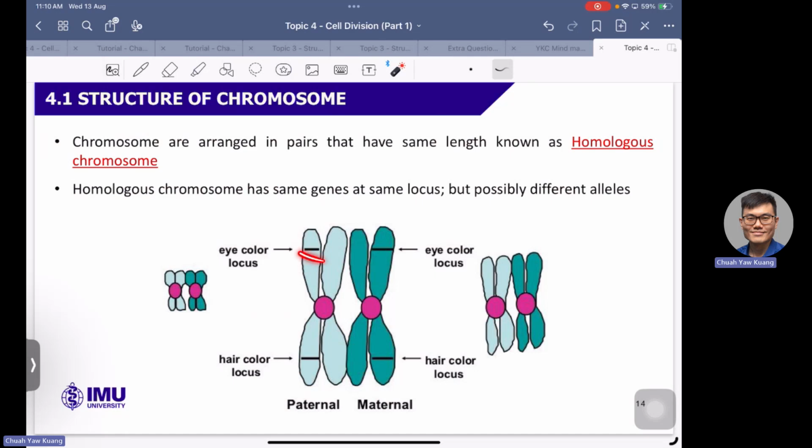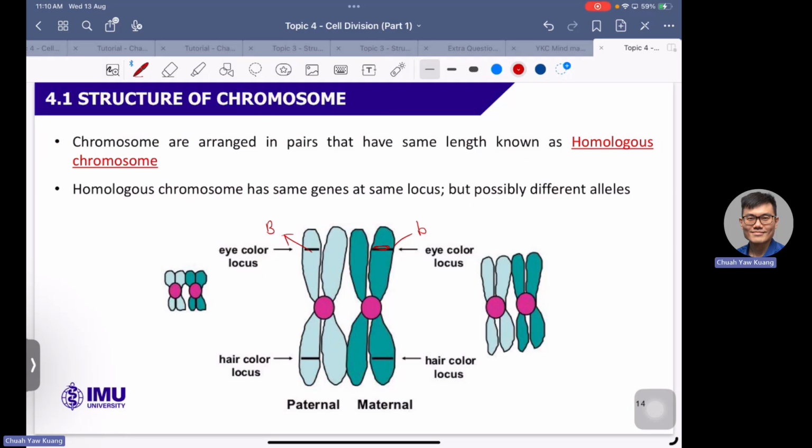So this one is coding for eye color. Maybe from your father, let's say it's black eye, and your mother's one maybe is blue eye. So you will have dominant or recessive that determines different color, but overall the gene is still coding for eye color.